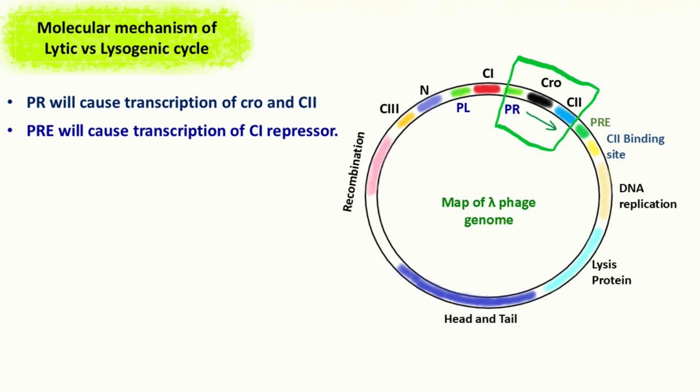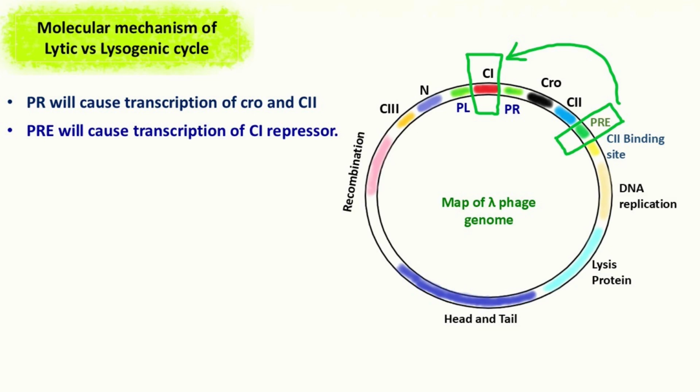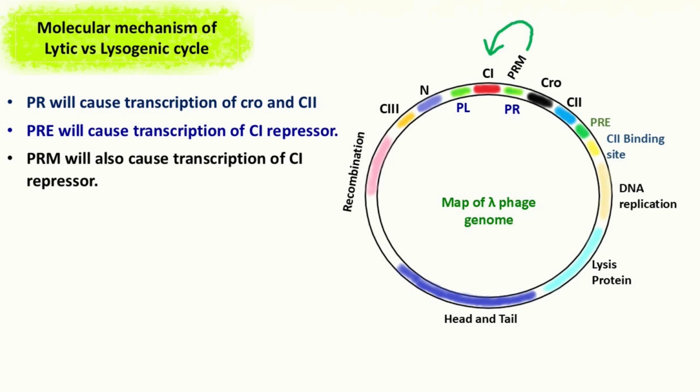CRO and C2 are under the control of promoter PR, and CI is under the control of promoter PRE. Now besides PRE, there is also a promoter called PRM. PRM will also cause transcription of CI. So just remember this.